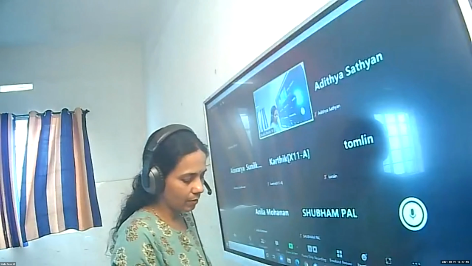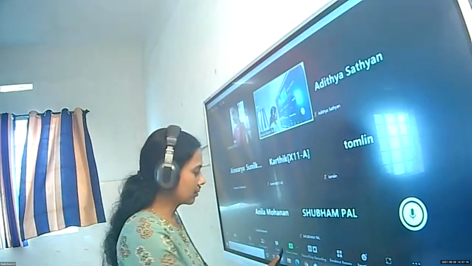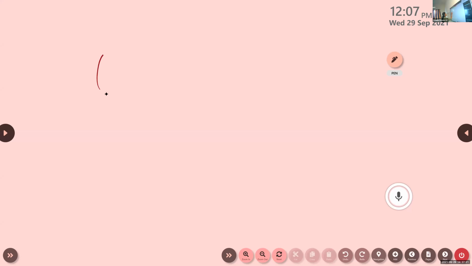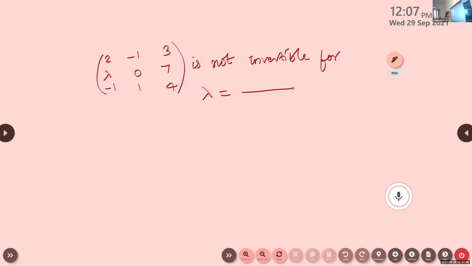Okay, now look at this question. Write the question. The matrix 2 minus 1, 3, lambda 0, 7, minus 1, 1, 4 is not invertible for lambda is equal to dash.